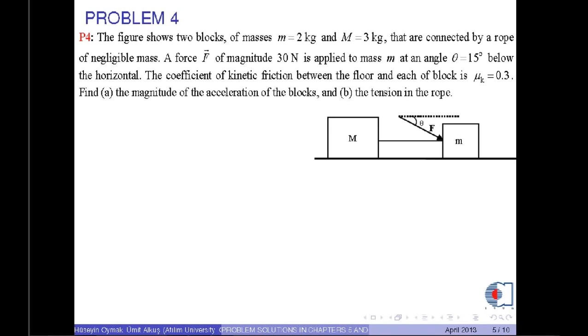This figure shows two blocks of masses 2 kilograms denoted by small m and 3 kilograms denoted by capital M. They are connected by a rope of negligible mass.